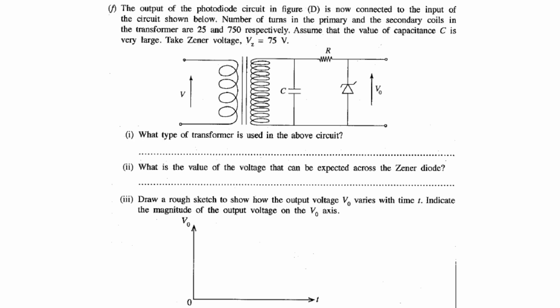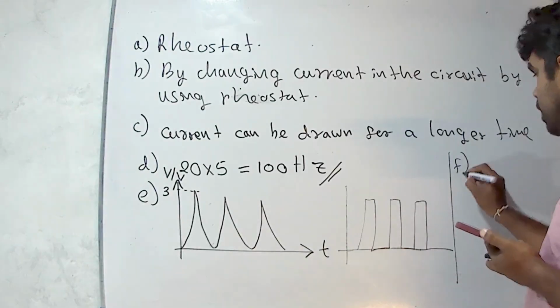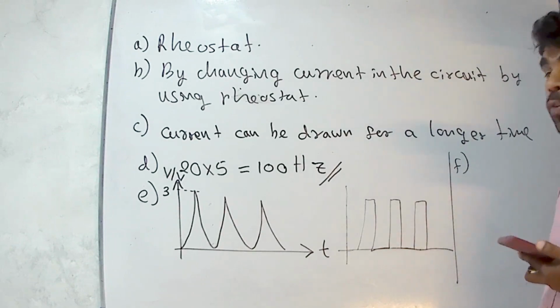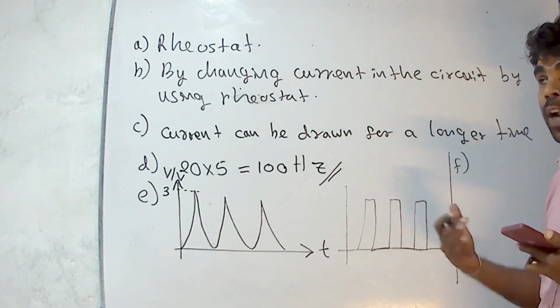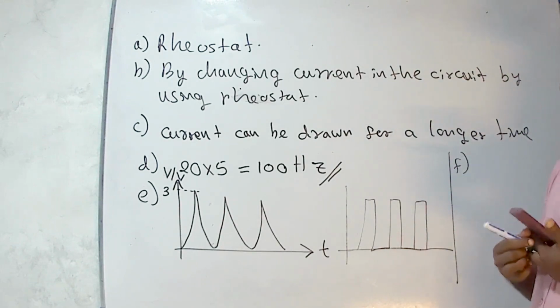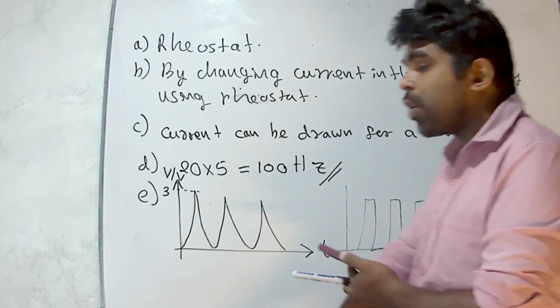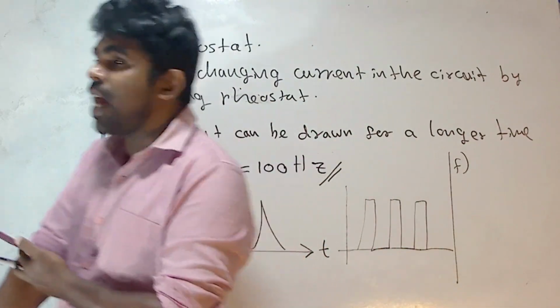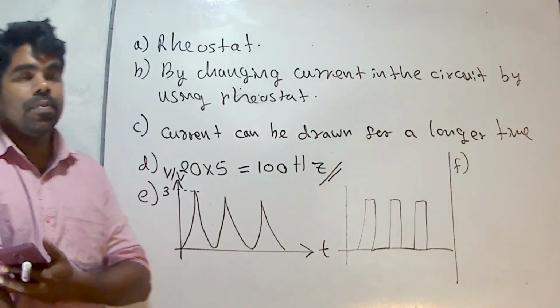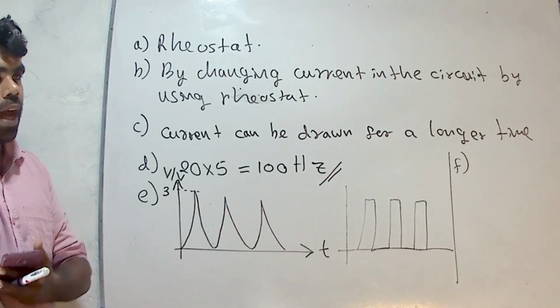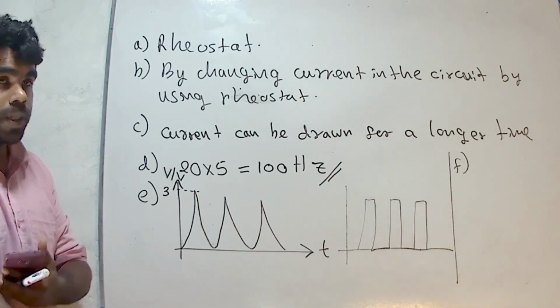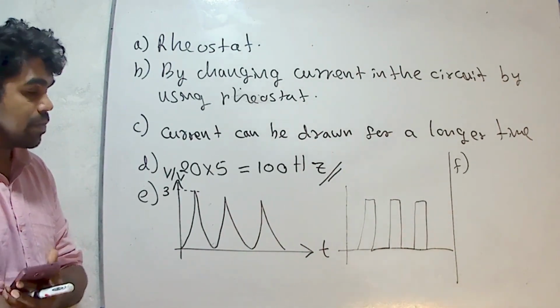Part 1. What type of transformer is used in the above circuit? We have to use the number of turns to find the type of transformer. There are two types of transformers. If the number of turns in the primary coil is less than in the secondary coil, it is a step-up transformer.